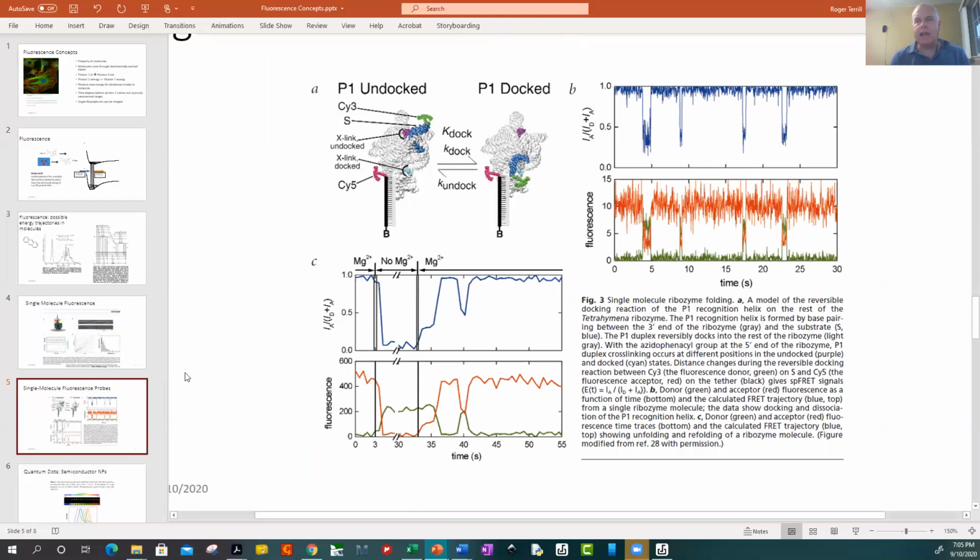So here's a ribozyme from Tetrahymena, whatever Tetrahymena is. That's some creature, probably some single cell creature, right? And here's a ribozyme. They've modified that ribozyme such that it has the Psi5 and the Psi3 fluorophores that are either close or far apart, right?